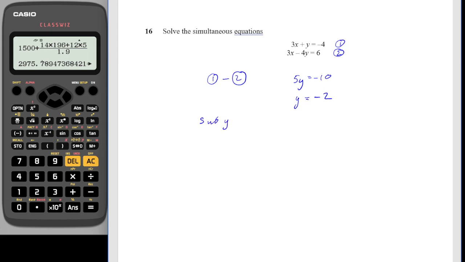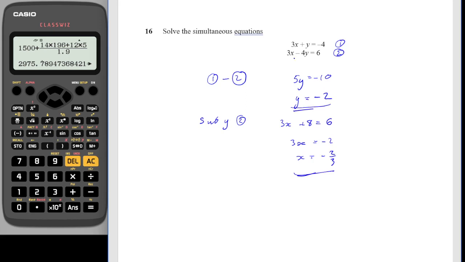And I'm going to go into equation 2, although it's not overly important which one. So 3x minus 4 times minus 2 would be plus 8, and that's going to be equal to 6. So I'm then going to minus 8 from both sides, so 3x is going to be equal to 6 minus 8, which is minus 2. So x is going to be equal to minus 2/3.